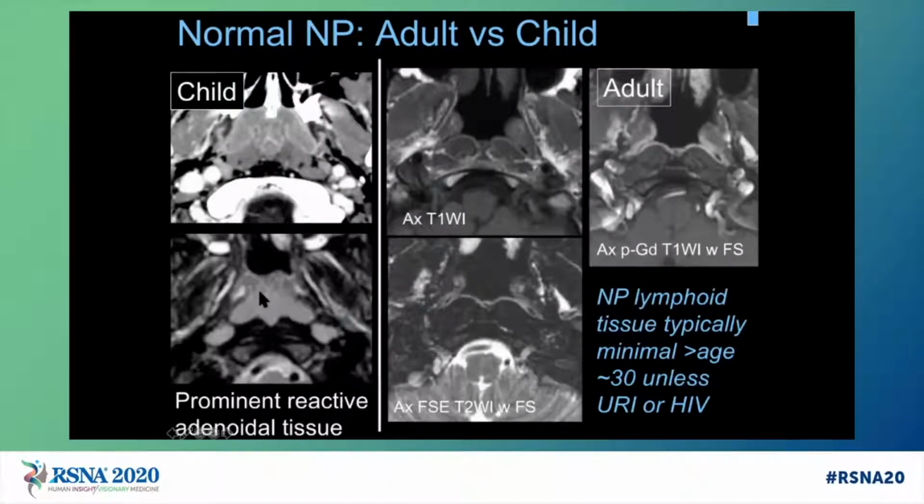Children typically have prominent reactive adenoidal tissue that is very symmetrical, that fills the nasopharynx, and is often associated with reactive retropharyngeal lymph nodes. In adult patients, nasopharyngeal lymphoid tissue is typically minimal after the age of 30 or so, unless the patient has an upper respiratory tract infection, sinusitis, or HIV.